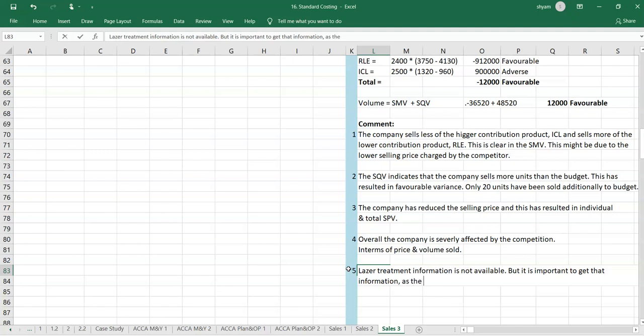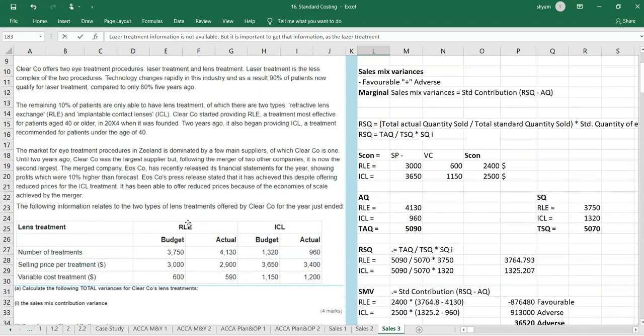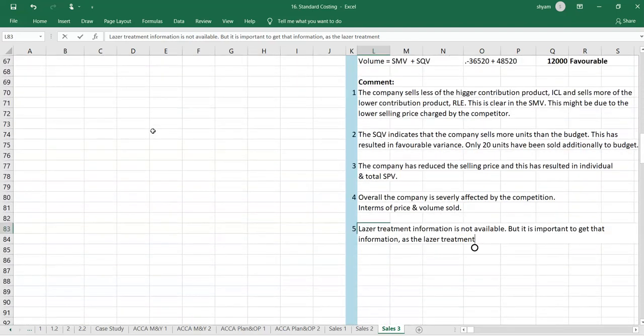They say that 90% of the patients now qualify for the latest laser treatment. So only the remaining 10% are using this. We are only thinking about the 10%; we are not even thinking about the 90%.